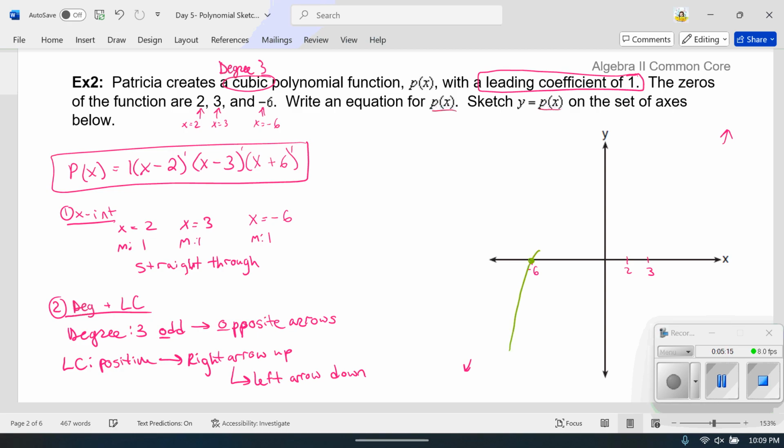There we go. I went straight through the x-intercept because my multiplicity was 1. Now, when you turn around, you do have to turn around because how am I going to go through -6 and then hit 2? So you only hit 2 by turning around, straight through, and then you turn around and go straight through 3.